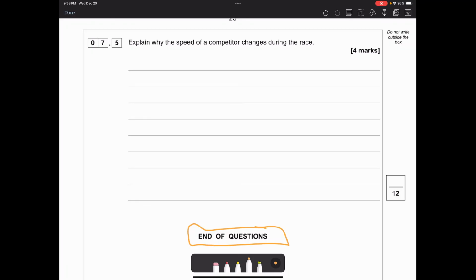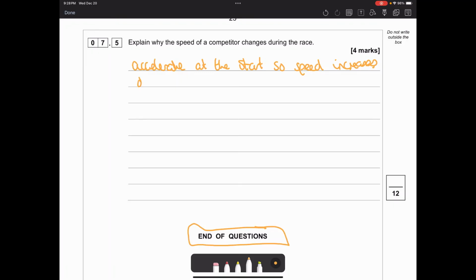Well, they've left it quite open here. There's loads of different things you could say. Well, you can think about yourself whenever you've done a race. Okay, they would accelerate, you go fast at the start. So the speed increases. However, as time goes on, what happens towards the end of a race?